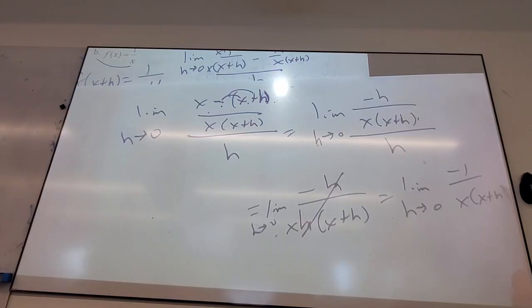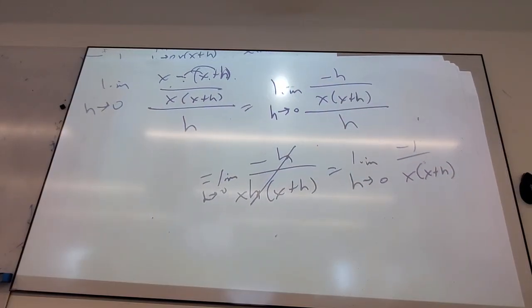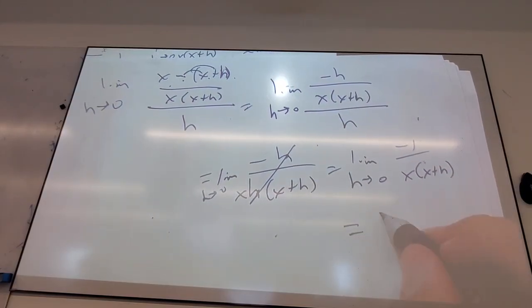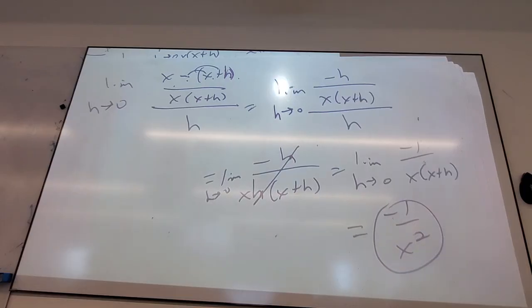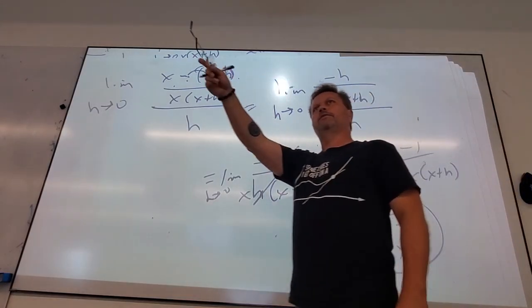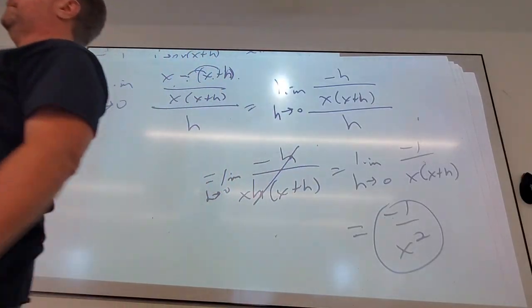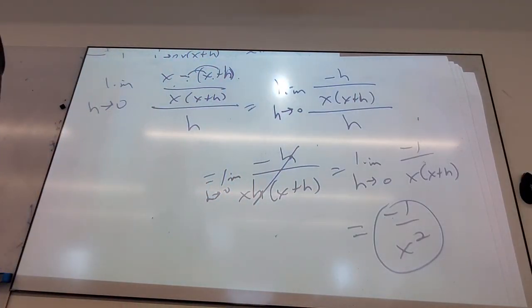And what happens here? If I let h go to 0? Negative 1 over x squared. If I let h go to 0, I get x times x squared on the bottom. Yeah? So we started with the function 1 over x. If you wanted to, what's its derivative?